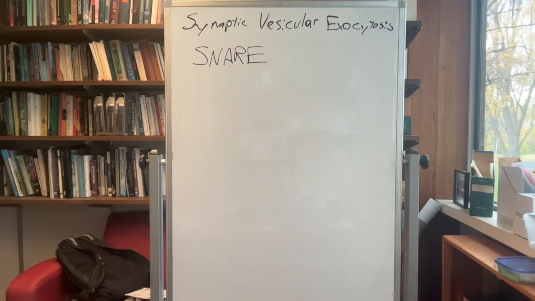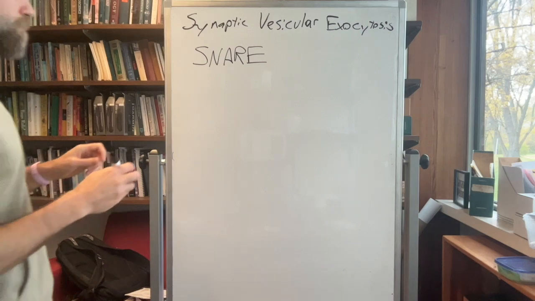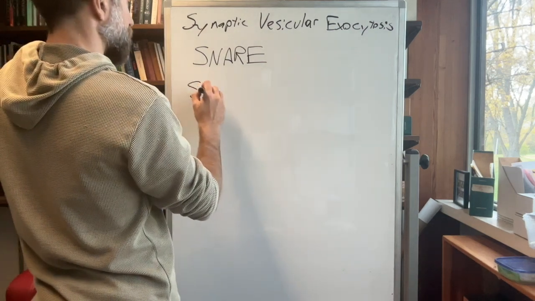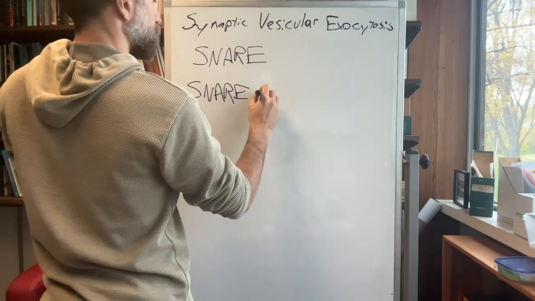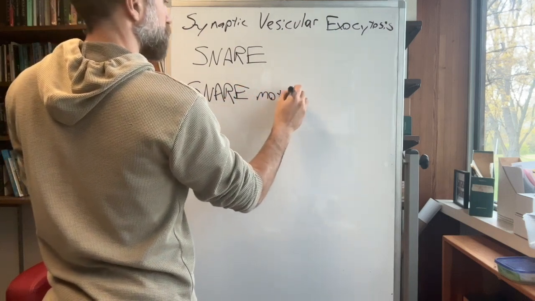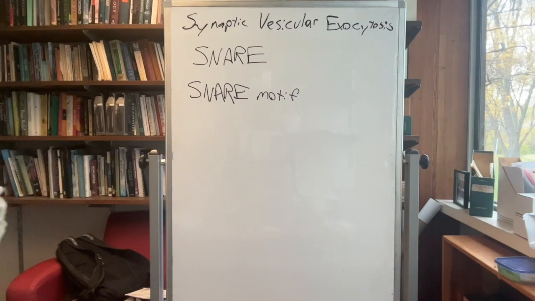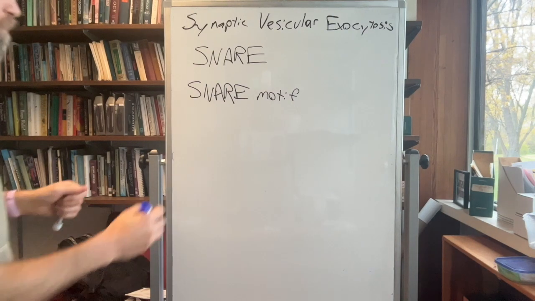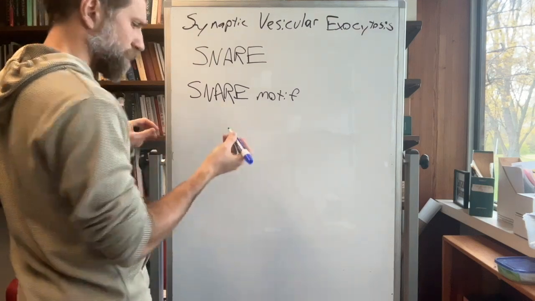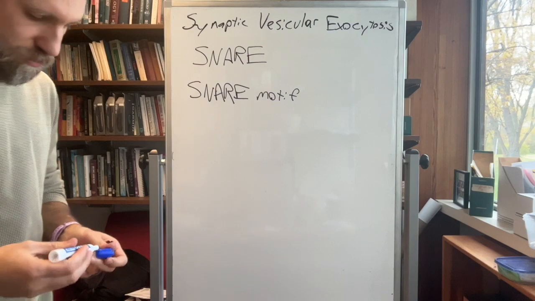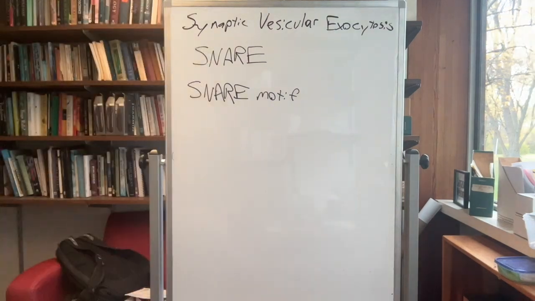And so what do all of our SNARE proteins have in common? Well, they have what's known as a SNARE motif. A SNARE motif is a long alpha helix structure.